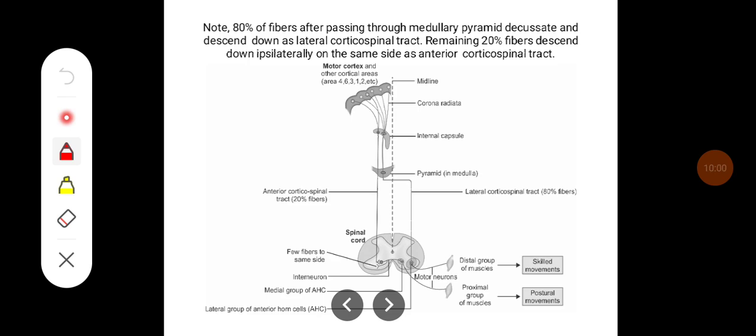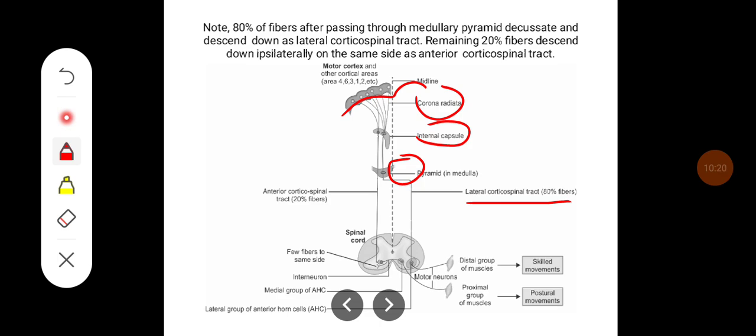Okay, so this is the corticospinal tract. They form the corona radiata and pass through the internal capsule, and 80% of the fibers cross at the pyramid and form the lateral corticospinal tract.